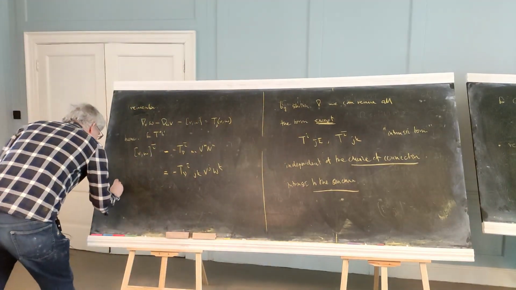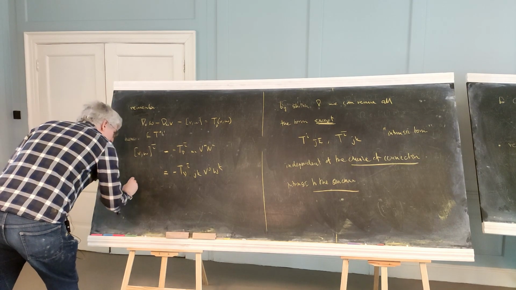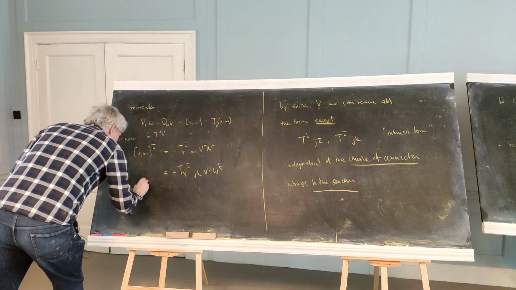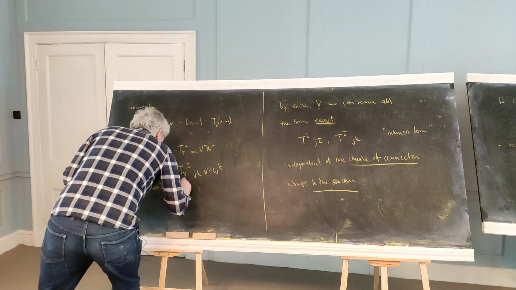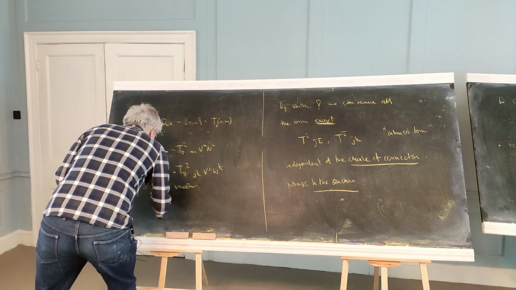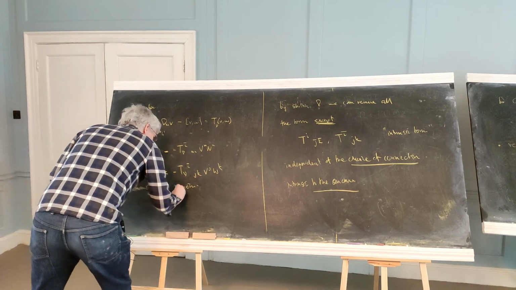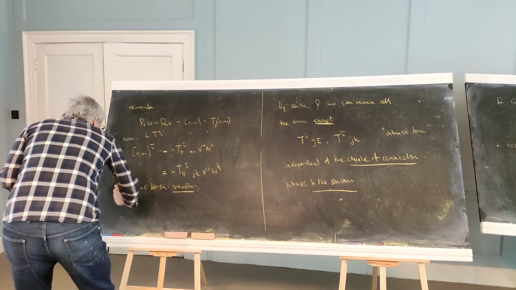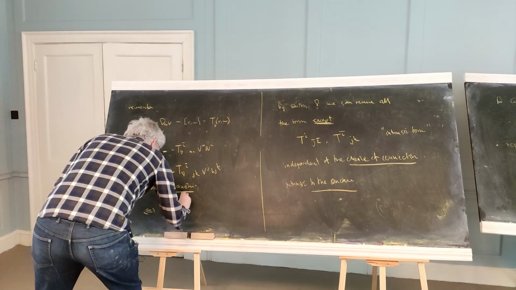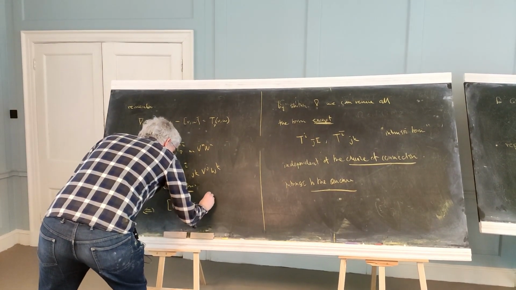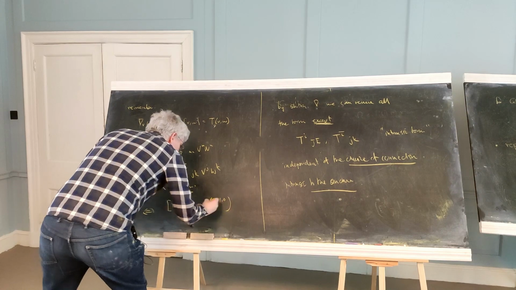So if the intrinsic torsion vanishes, that is the same as saying that if I take the bracket between these two things, it still lives in T10.